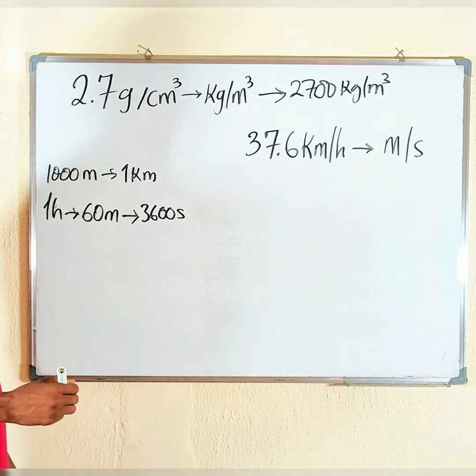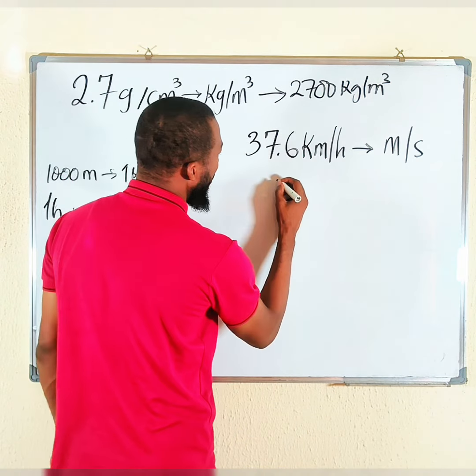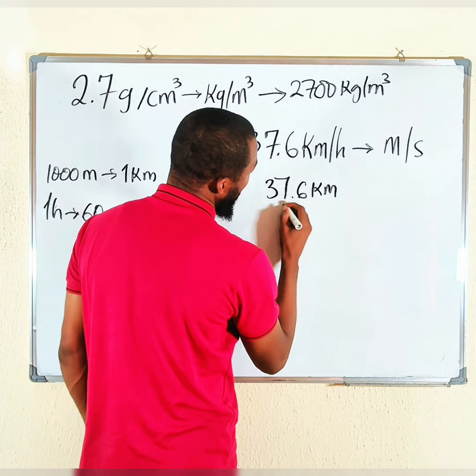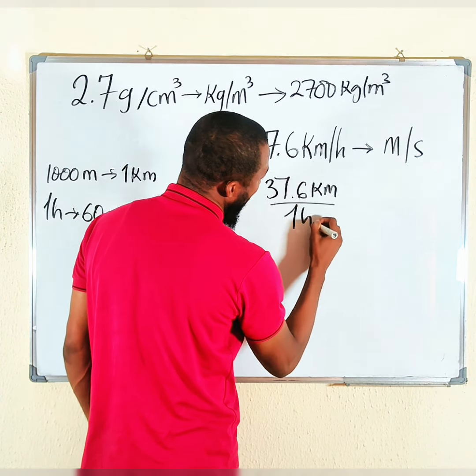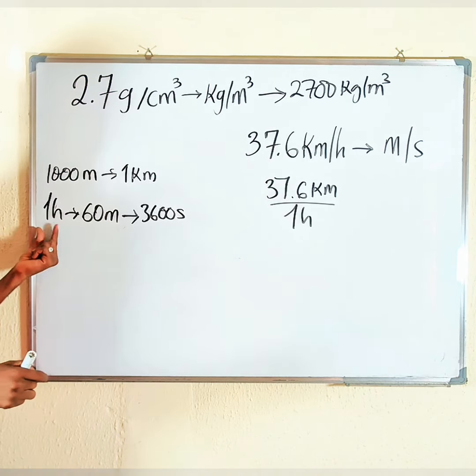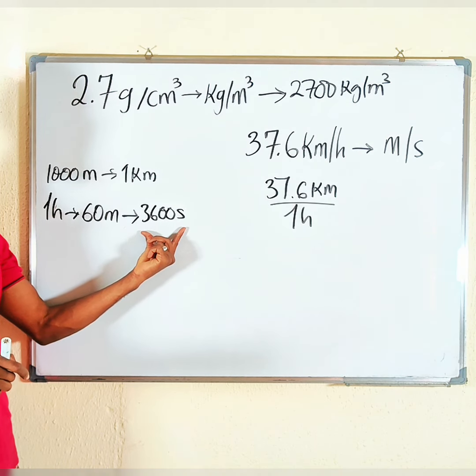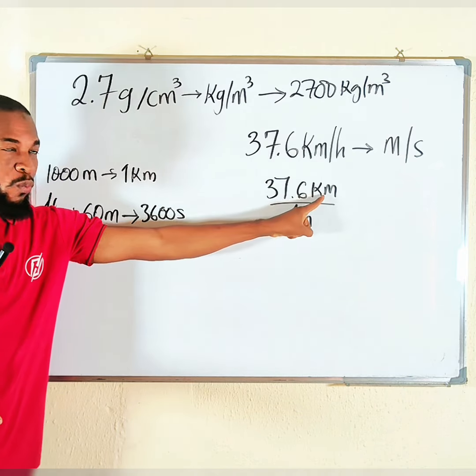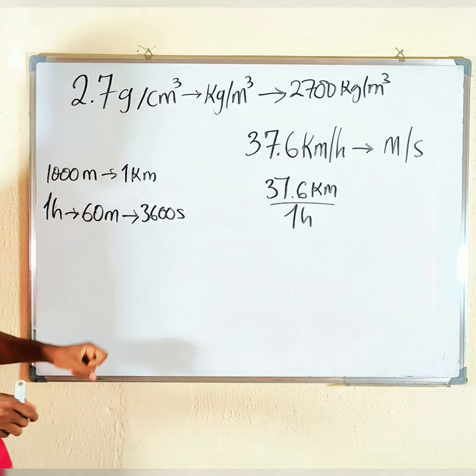So instead of this 1 hour, because this is how it is going to be, 37.6 kilometer per 1 hour, that is what it means. So we already have 1 hour being 3600 seconds. Then this 1 kilometer will be replaced by 1000 meter.